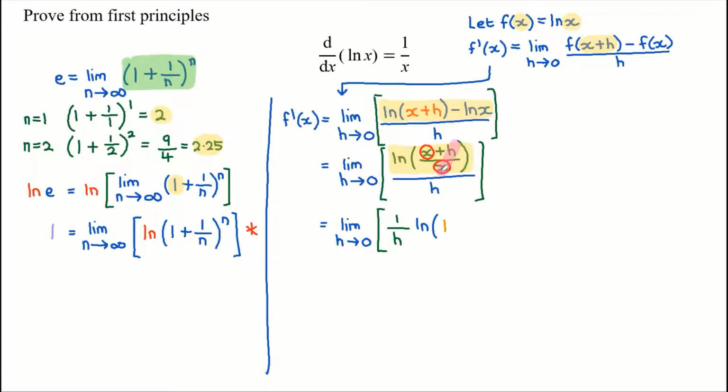So that's going to be 1 plus h over x. Okay, I'll just close that. And I'll just close the big green brackets, the big square brackets.